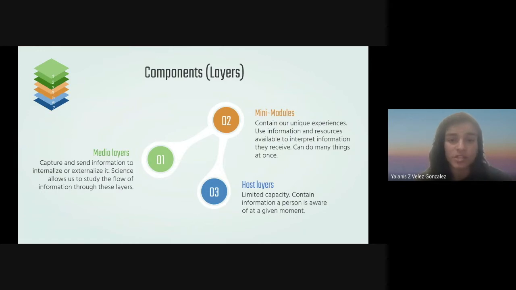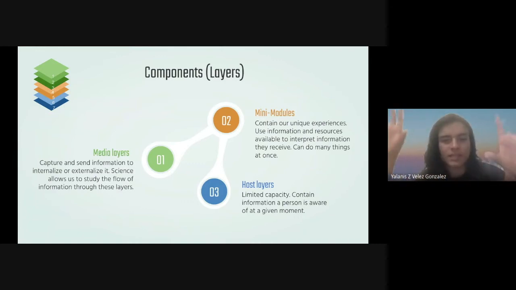With its adaptation from the OSI model, the HSI tells us that human systems are composed of 7 layers. These 7 layers are grouped into 3 kinds of information processing, and that'll be the media layers, so they're able to understand information when it's processed in this certain way, and then the mini modules, they also carry out information processing in a different way, and then we have the host layers, which can also process information.